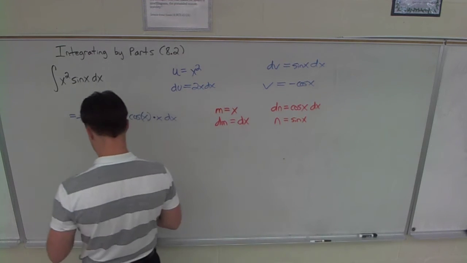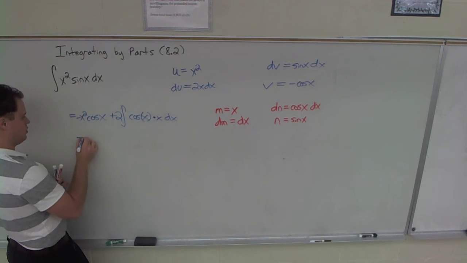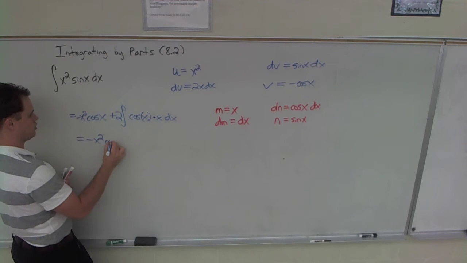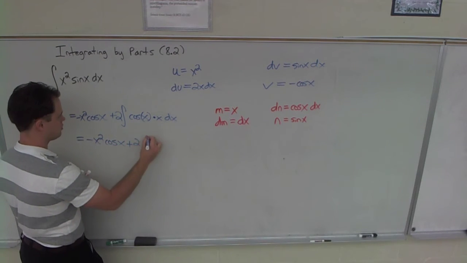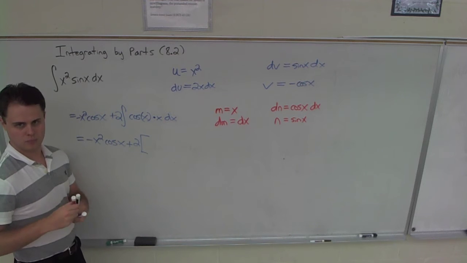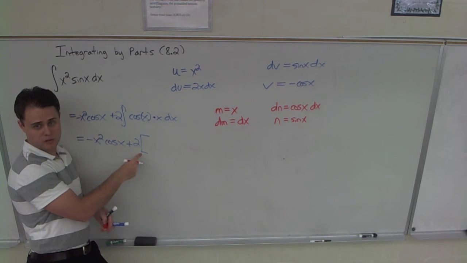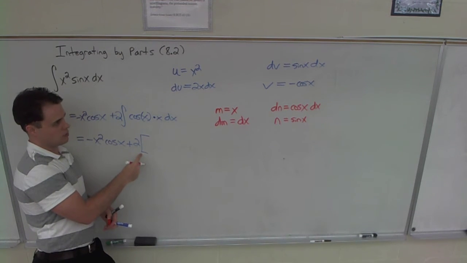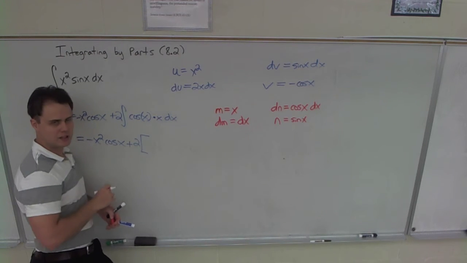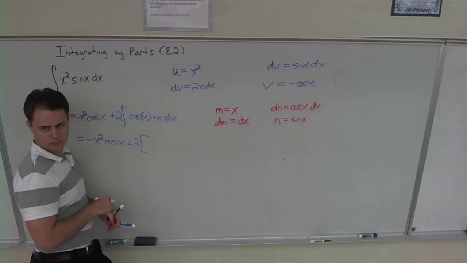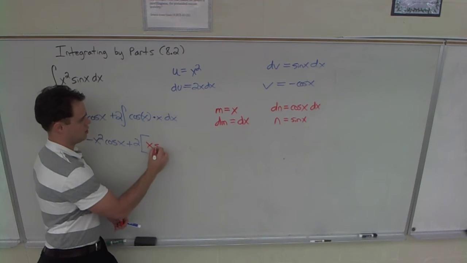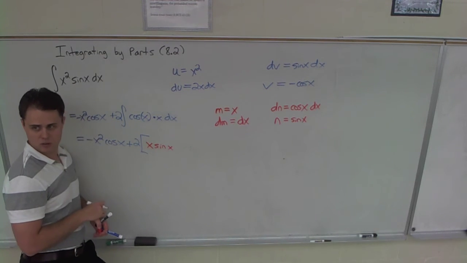So now I'm going to try to color code it for your convenience, your viewing pleasure. See my bracket? Watch out for that. Now we're going to have UV. So what's UV in this red stuff? X sine x, or mn, right?